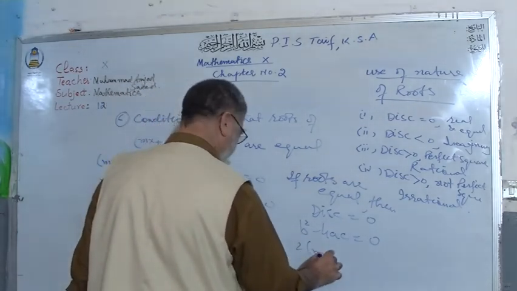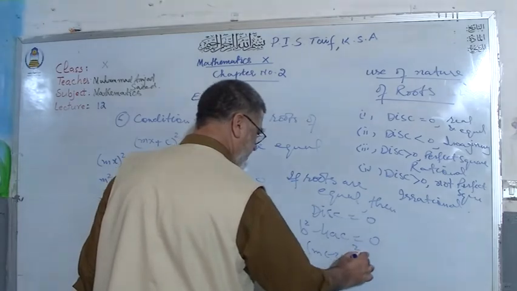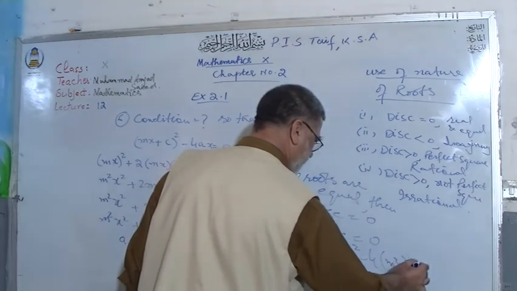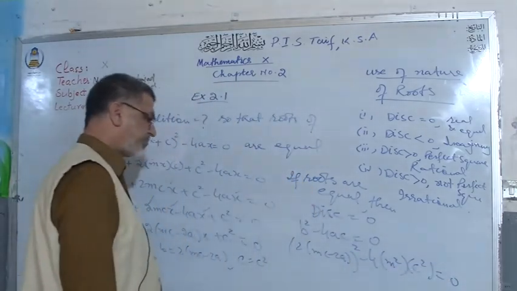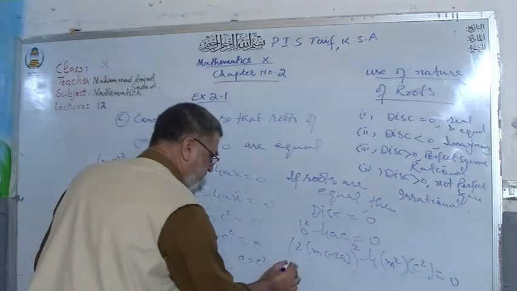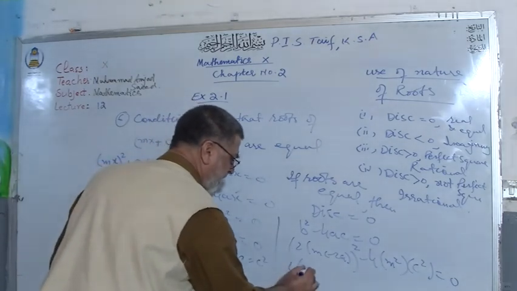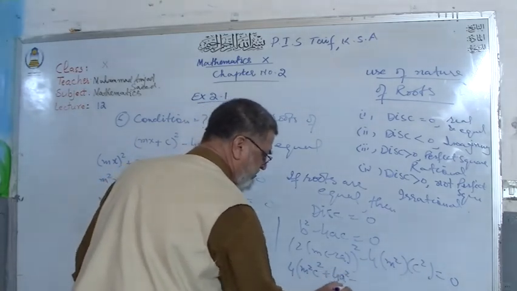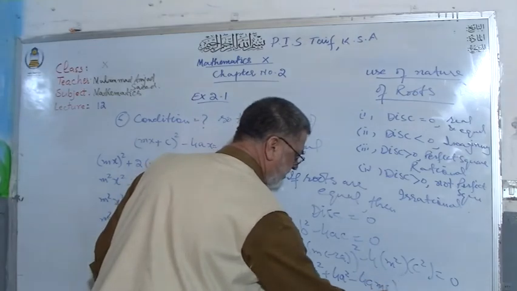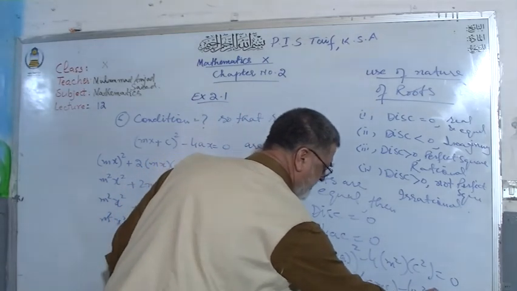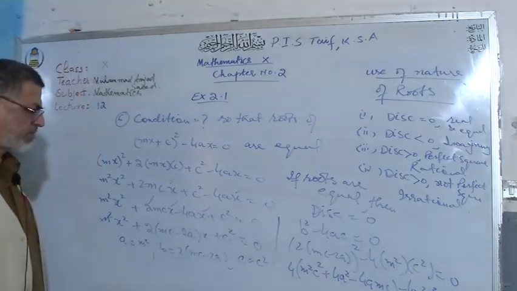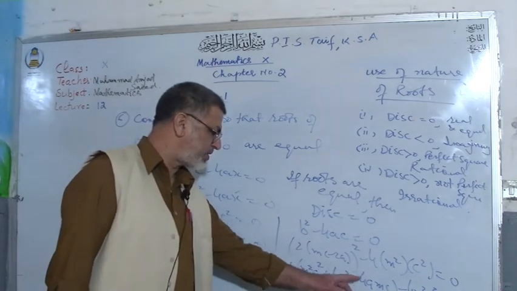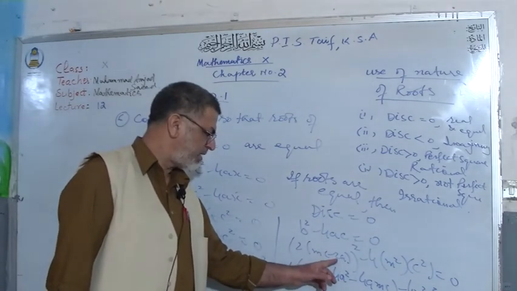Two into (mc minus 2a) whole square, minus 4 into a, which is m square, and c, which is c square, is equal to 0. 4 into (m square c square plus 4a square minus 4amc) minus 4m square c square is equal to 0. I have written a square plus b square minus 2ab, so 2 into 2 gives 4amc.